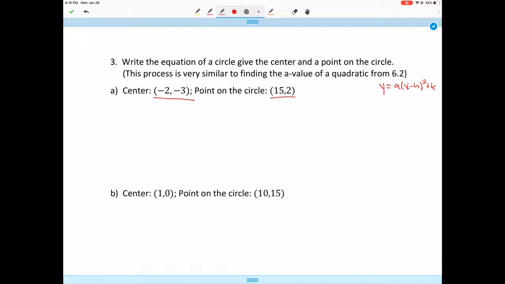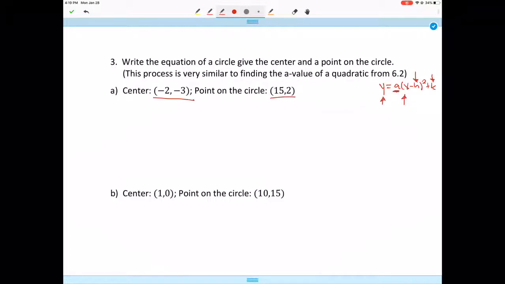We plugged in h and k for our vertex, and we plugged in a y and an x for our point, and so all we had left to solve for was a. Okay, and then once we had a, we would plug that into our equation and it would be done. So this is very similar, but not as many steps.